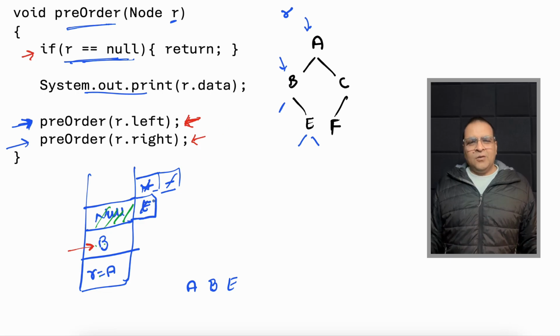So this function will also return, and the control comes to the function where root is b. Now for this root equal to b, b is already printed. We have called the function for the left child of b, we have called the function for the right child of b. Therefore this b will also return, and the execution control comes to the calling function of b, which is the main function.